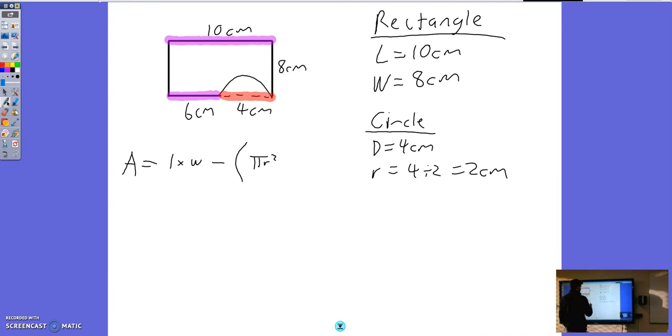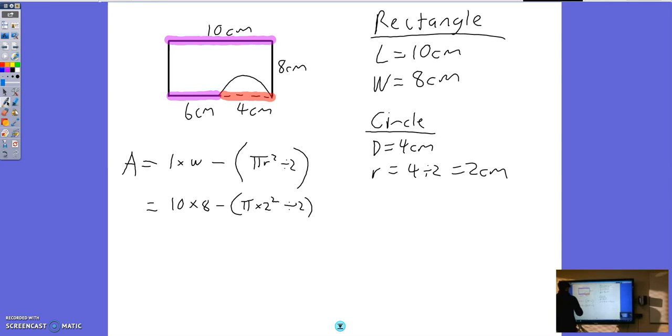But because it's half a circle, I'm going to then divide that by 2. Now we substitute. Length times width is going to be 10 times 8 for our rectangle, minus pi r squared. So r is 2, so pi times 2 squared divided by 2.